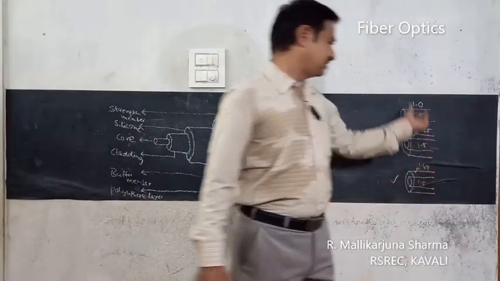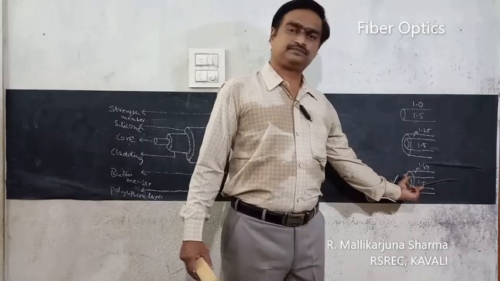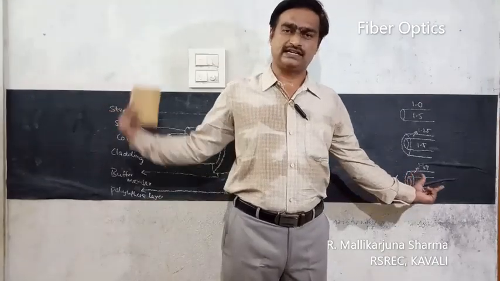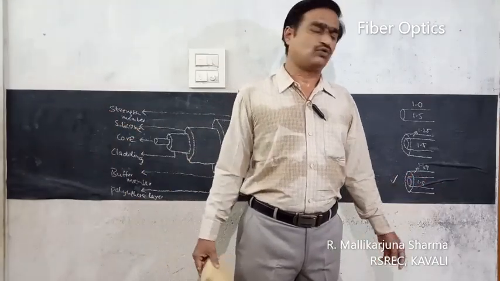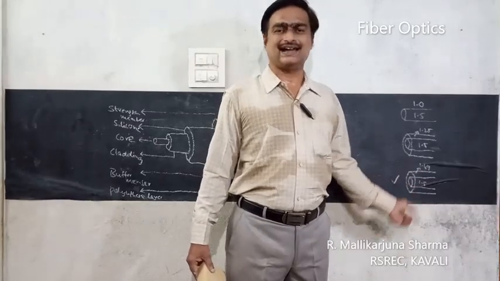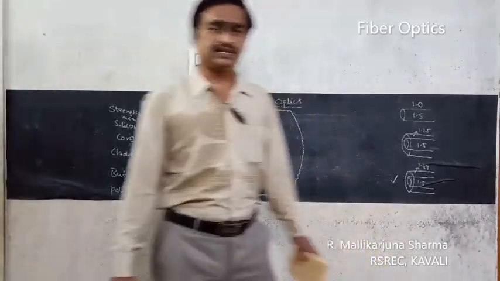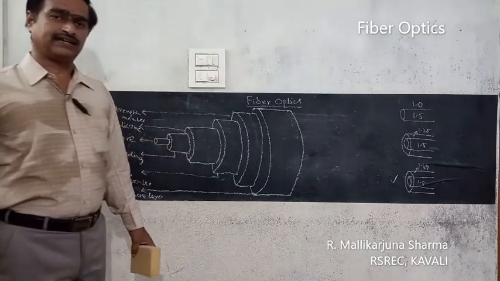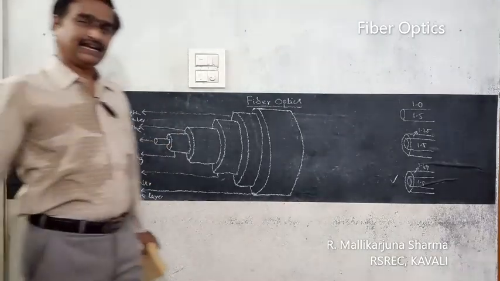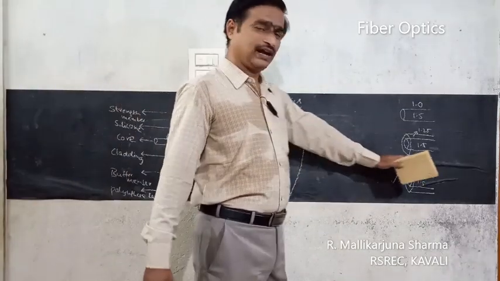Now again we come back to this. Out of these layers, we just talk about the core and cladding structures. The core is where the propagation of light takes place, and the cladding is a medium with a lower refractive index.